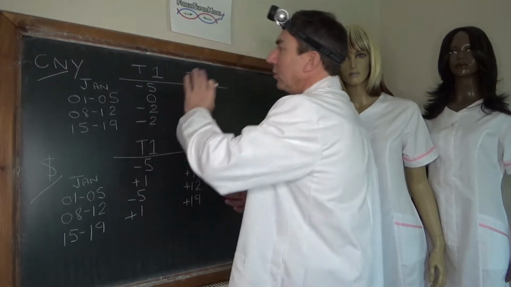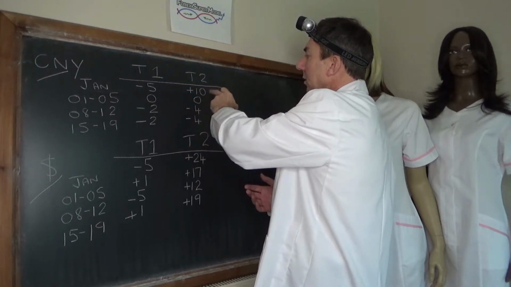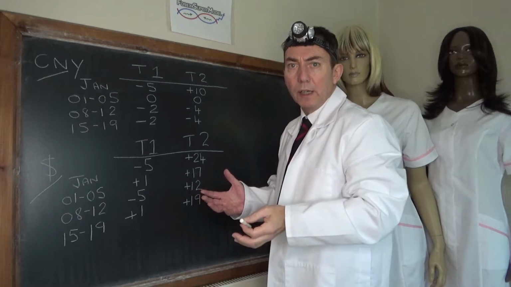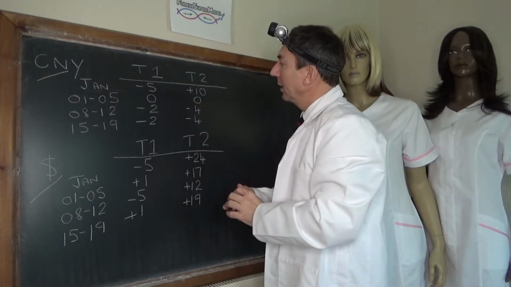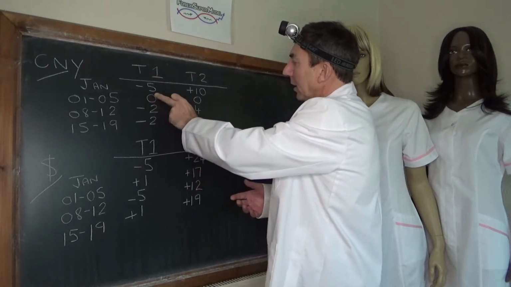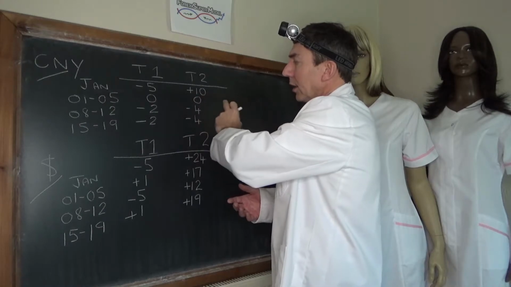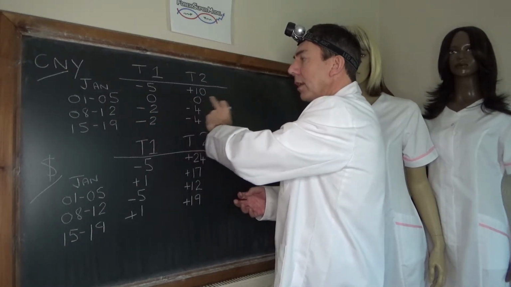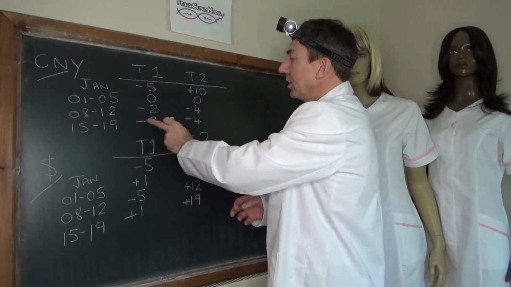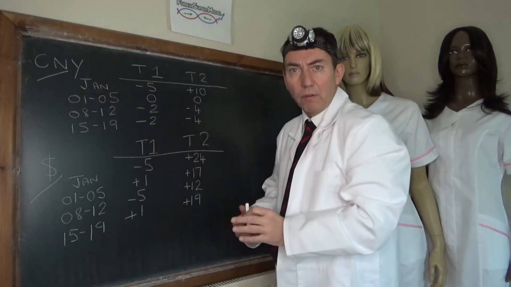Right, so China then. January then, tier 1 -5, tier 2 +10. So in January we had basically weak tier 1 data and fairly strong tier 2 data, and then we had neutral data to start off the first week, 0, and then a deterioration in the second week, -2, -4, and we've stayed static at this level of data.